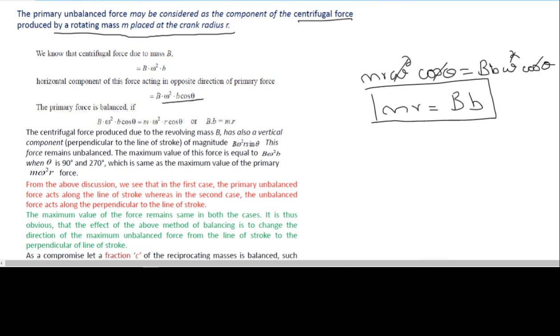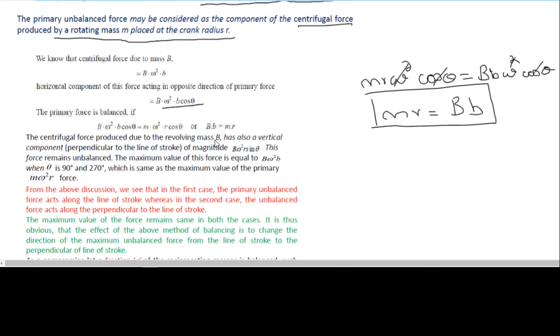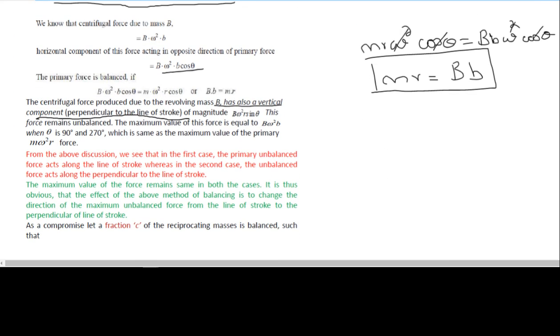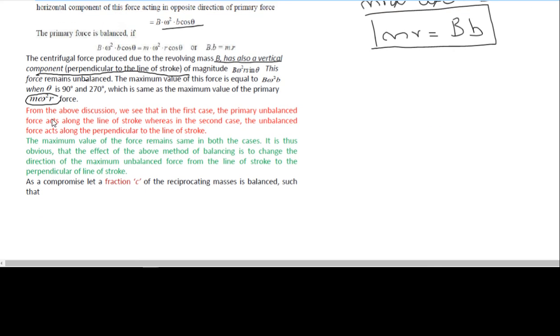But the problem is, even if it is balanced, B also has a vertical component perpendicular to the line of stroke, which is this B b sin theta. So it will create another unbalanced force, and the maximum value of that B b omega square will be m r omega square, which is also the primary unbalanced force along the line of stroke, whereas in the second case the unbalanced force acts perpendicular to the line of stroke.